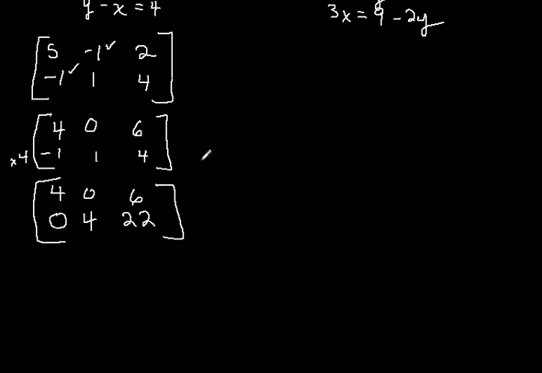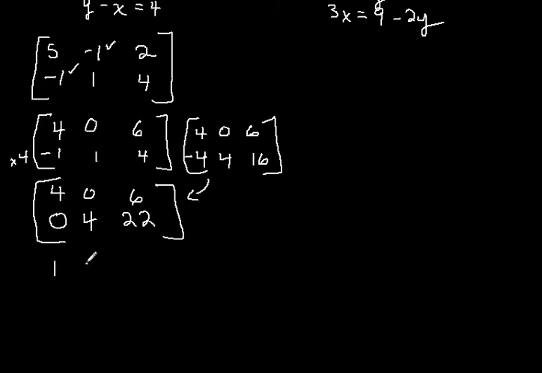I could have put an extra step in here. I could have written another matrix, 4, 0, 6, -4, 4, 16. I could have done that first and then add them together to get to this matrix, but sometimes he did it in his head, sometimes he wrote it out. You can just do it in your head. We're almost there. These guys need to be 1, so I'm just going to divide everything by 4.